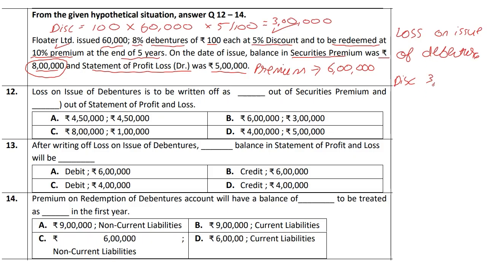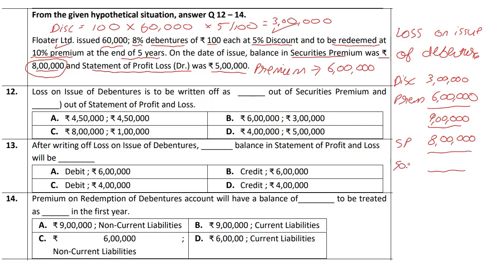The discount is 3 lakhs. The premium on redemption is 6 lakhs. And therefore, we have altogether 9 lakhs. But the securities premium account has only 8 lakhs, and therefore, the rest of it will go to the statement of profit and loss. 9 minus 8 gives us 1. So our answer is 8 lakhs and 1 lakh, and therefore C.